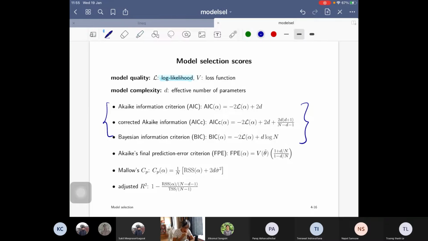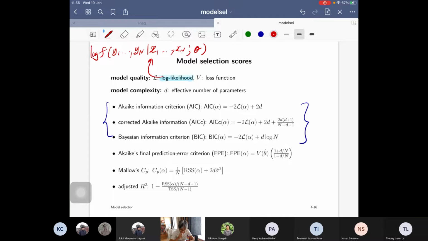The log likelihood function is basically the density function, the PDF of the response variable, given that the predictors are these values and parameterized by a model parameter, and then take the log. All right, this is the log likelihood.